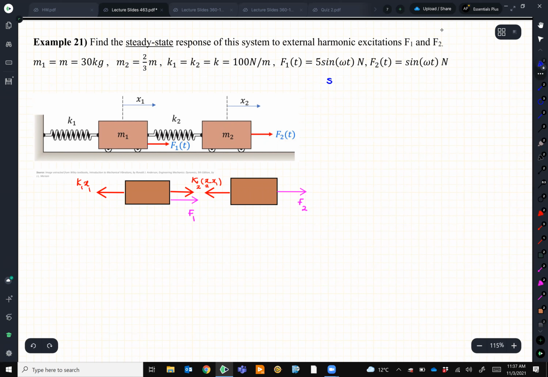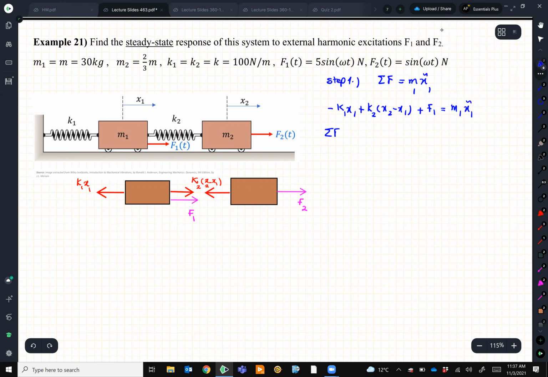Newton's law, step 1, equations of motion. So you will do Newton's law, sum of the forces equals M X double dot. For the first one, M1 X double dot 1, I would get minus K1 X1 plus K2 (X2 minus X1) plus F1 equal to M1 X double dot 1.